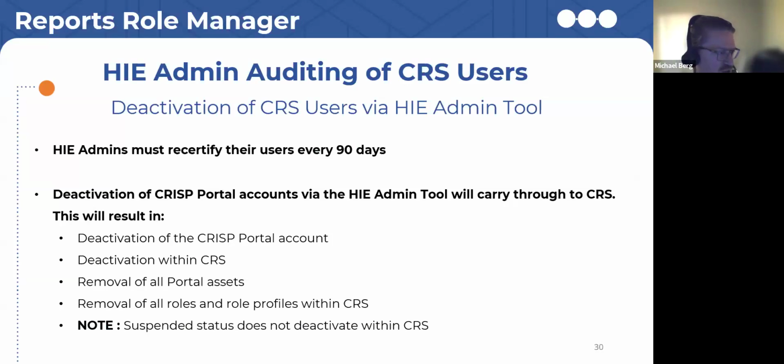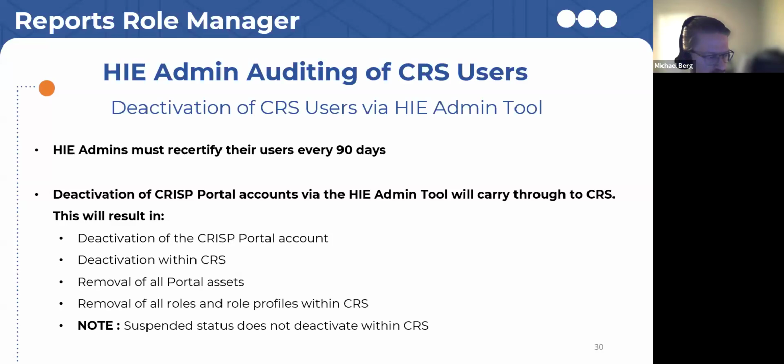In the event a user is deactivated by the HIE admin, and the CRS portal account is deactivated, that would of course result in the deactivation of the portal account and the removal of portal assets, but that will also entail for CRS removal of roles and profiles within CRS, and that deactivation carries through as well to a deactivation within CRS.